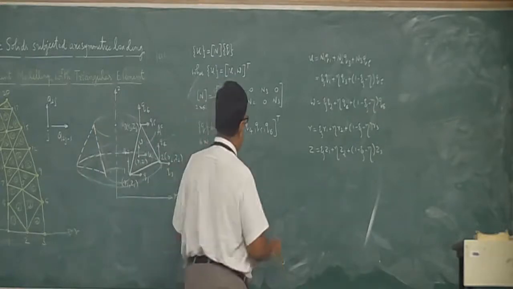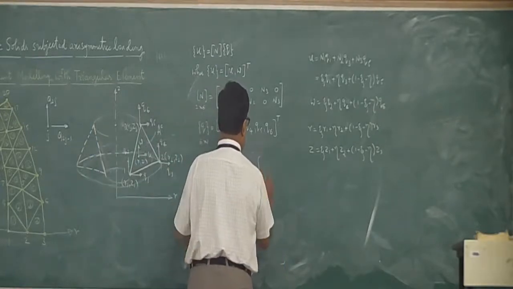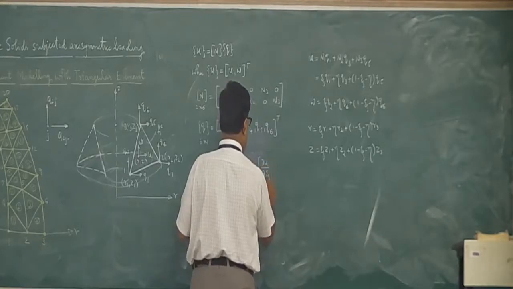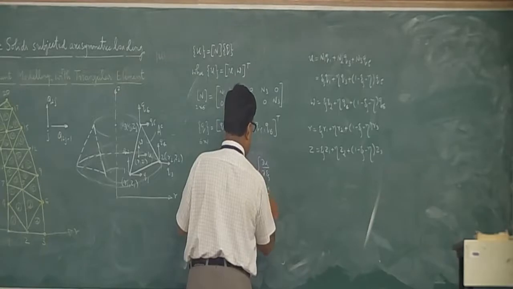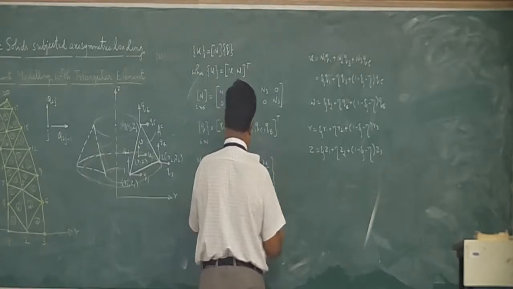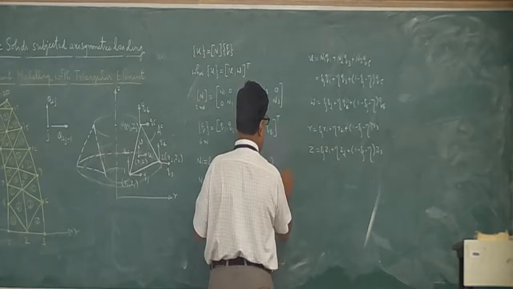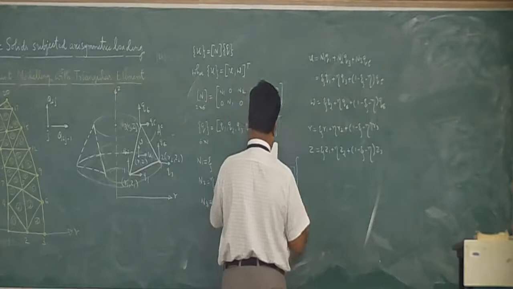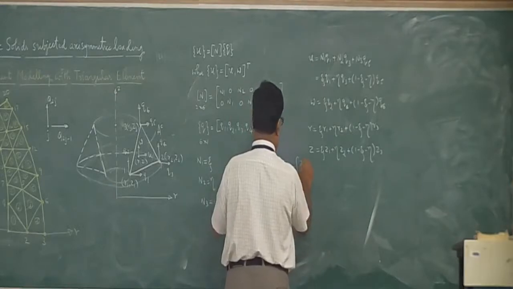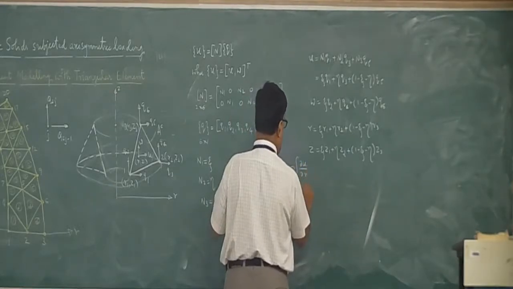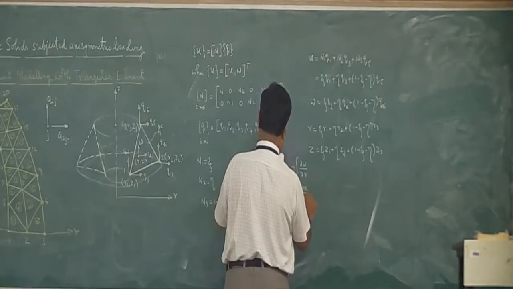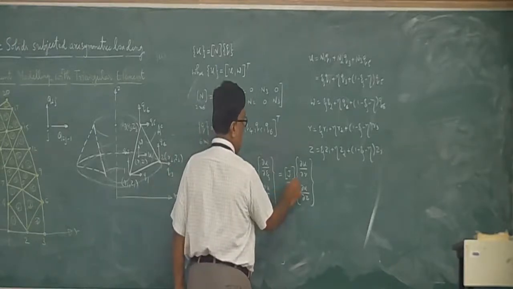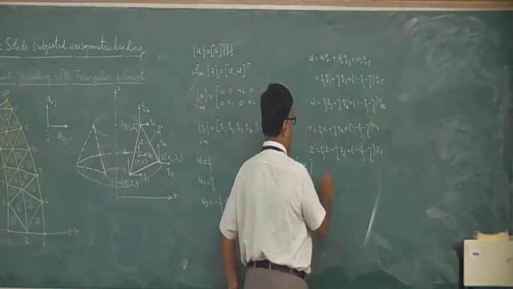So once we know this, suppose I want the strain: dou u by dou zeta, which we already know, and dou u by dou eta. This is going to be the J matrix times dou u by dou R, dou u by dou Z. Again, this is called the Jacobian of the transformation.